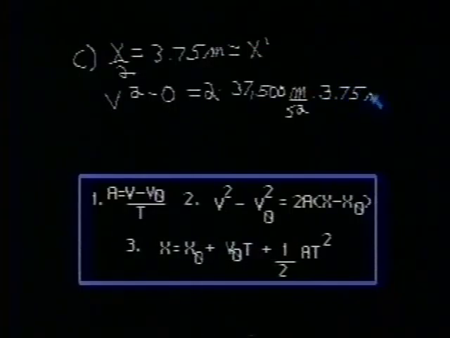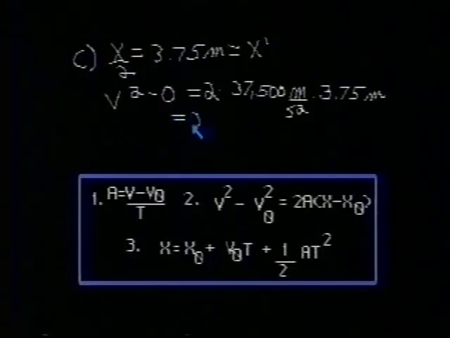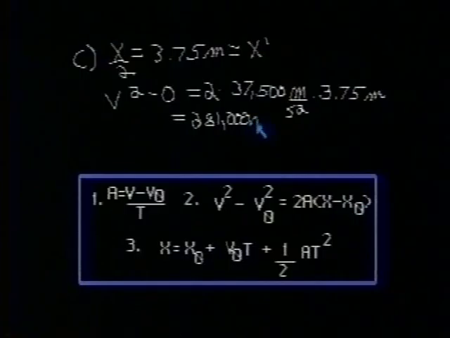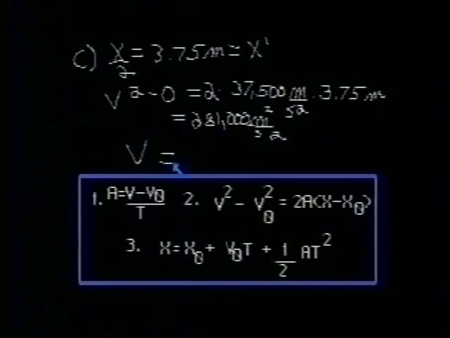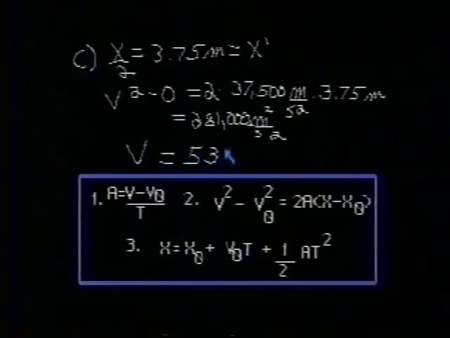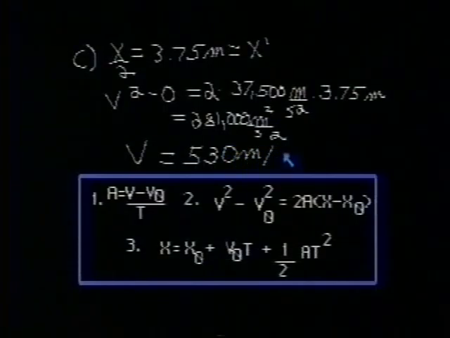This will give me a value of 281,000, rounded to 3 significant figures, meters squared per second squared. The actual velocity would be the square root of that, and if you take the square root, you come out with a value of 530 meters per second. Notice that it's not half the final velocity of 750 meters per second.